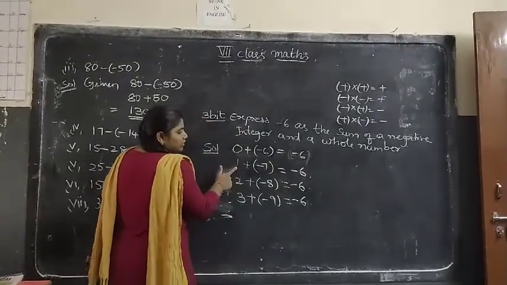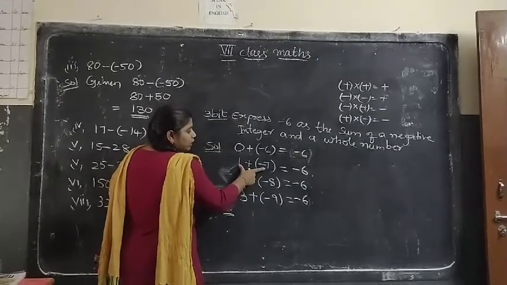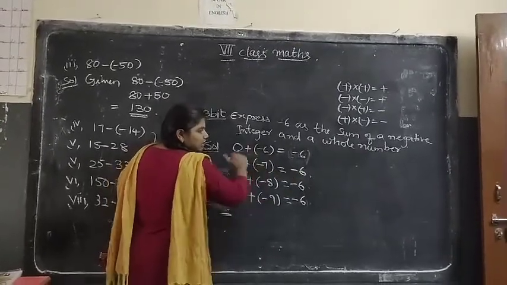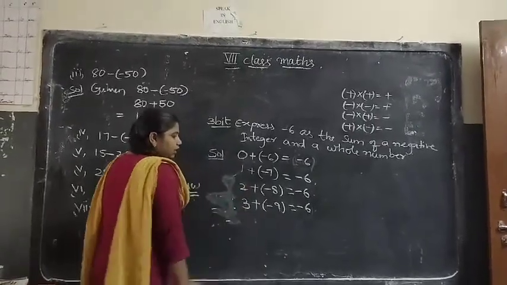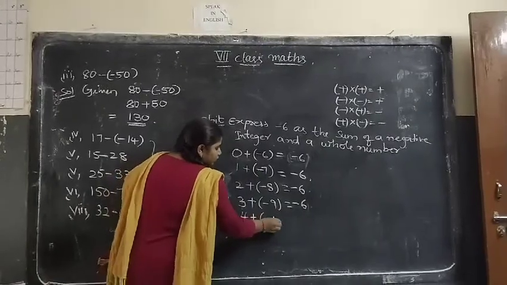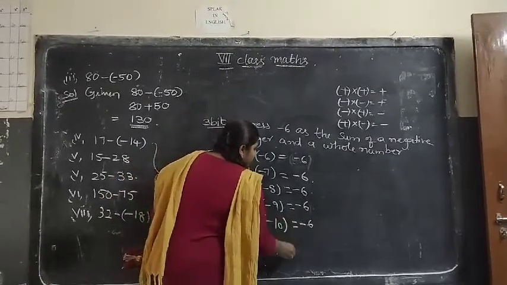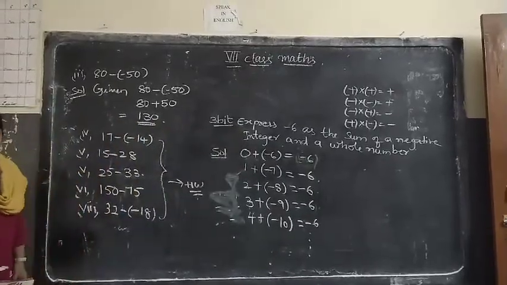In the same way you can write many integers like this: 4 plus of minus 10 will be equal to minus 6, and so on.